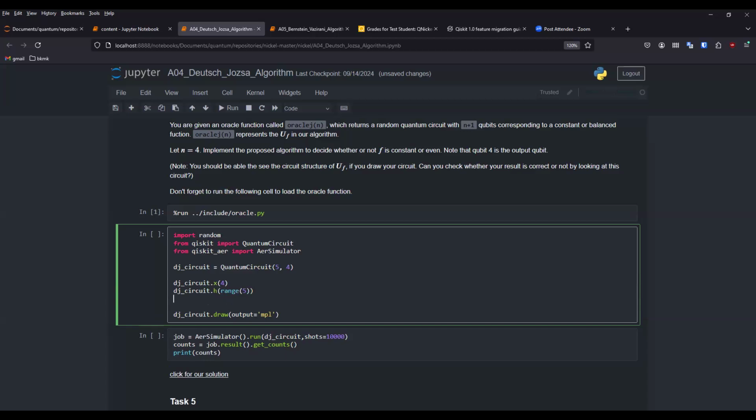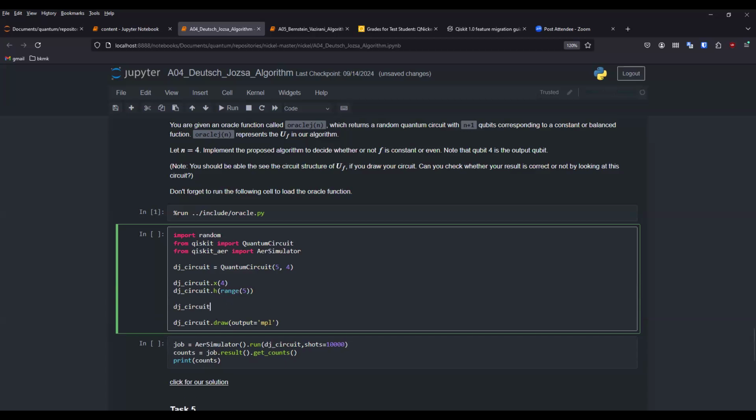And now we can use the compose function, which is in the Deutsch algorithm notebook as well. It's what we used yesterday. Oracle J, as the task suggests. And we'll put it on 4 qubits, so all of them.